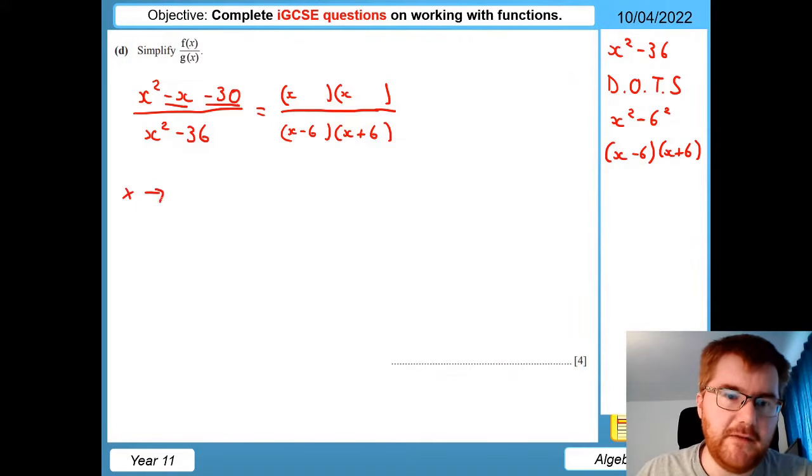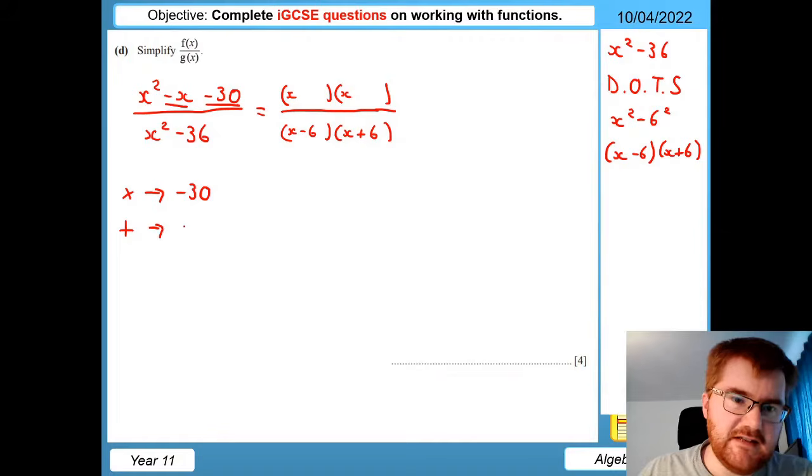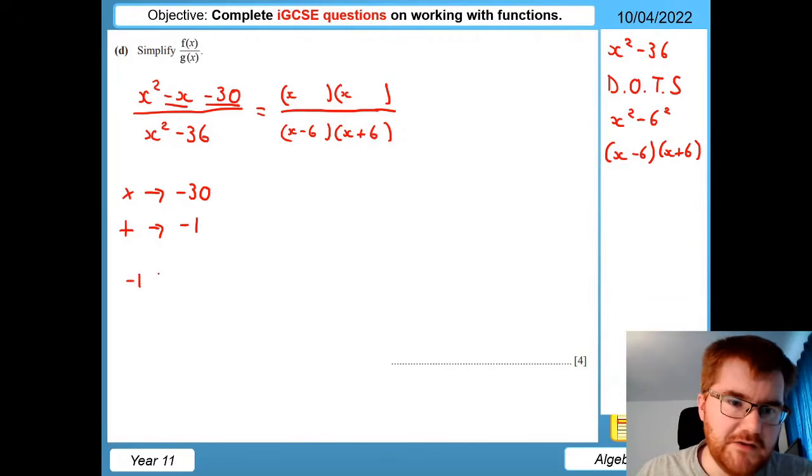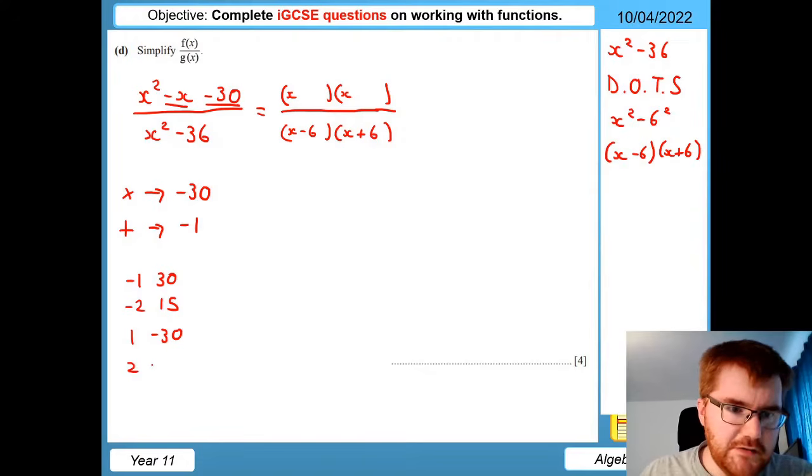That's what's going through my head: multiply to give me minus 30, but add to give me minus 1. So what I do is write down all the number pairs that multiply to give me minus 30. Well, obviously we've got minus 1 and 30. We have minus 2 and 15. We can move the minuses around. So 1 and minus 30, 2 and minus 15, 3 and minus 10, and minus 10 and 3.